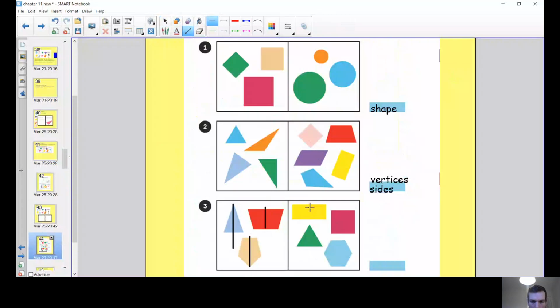Could I draw lines of symmetry over here? Well, I can. I can draw this one and this one down here. Oops. Try again. I can draw this one down here and I can draw this one down here. But some of you may have noticed that I could also draw other ones on these shapes on the right.